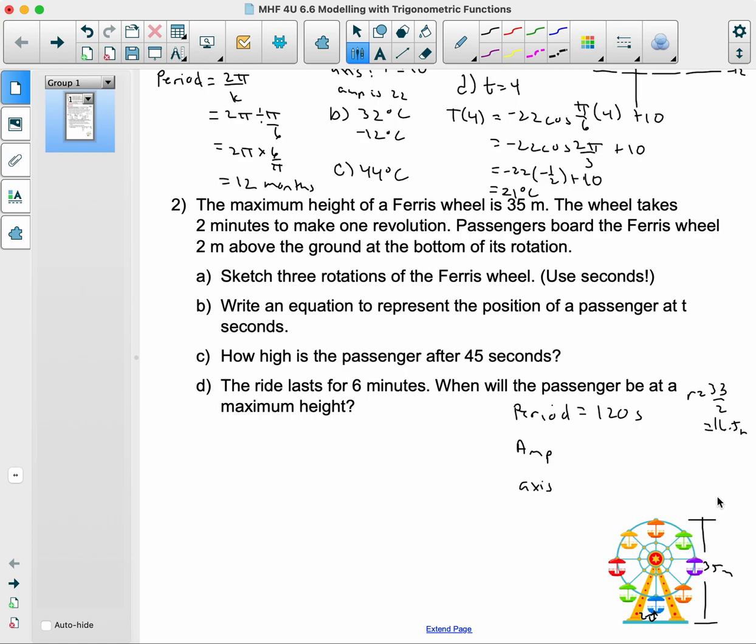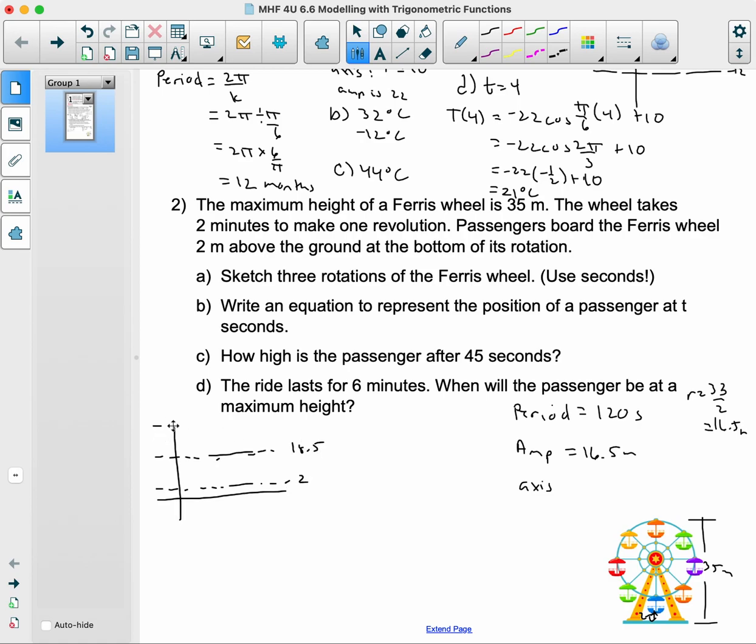Okay, so the amplitude is 16.5 meters, and that has to be 2 meters above the ground. Okay, so we have to be shifted up enough that we're 2 meters above the ground. So my axis would have to be at 18.5 because my minimum has to be at 2.